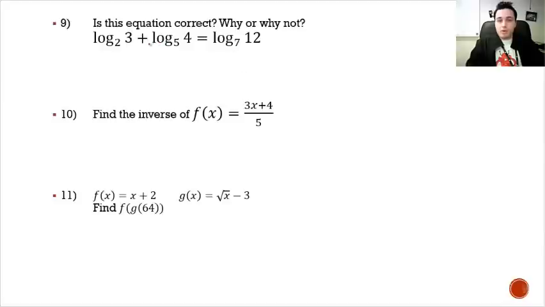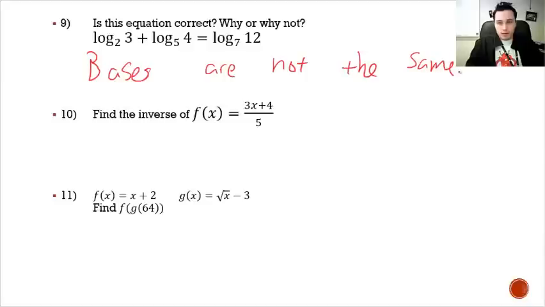In order for you to be able to combine 2 logarithmic expressions, you have to have the same base all the way through. So the reason why this doesn't work is because the bases are not the same. Is it correct? No, it's not correct. And why? Because the bases are not the same.